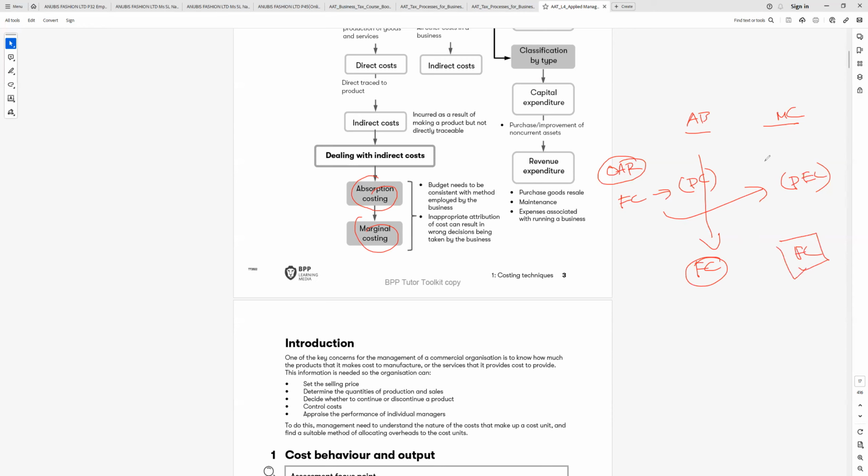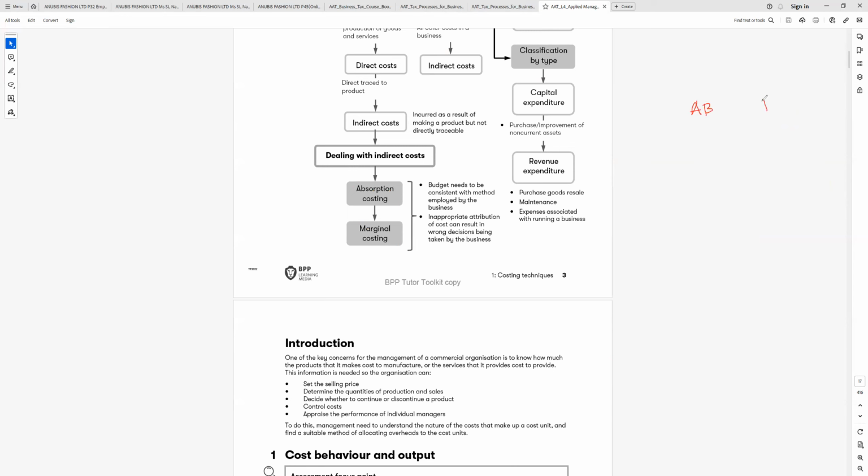So if we want to see a little bit in detail, for example, if we want to make a format, absorption costing and marginal costing. So first we look at how much is the sales. There is no problem for the sales. And after that, we minus the direct cost, or that is variable cost. Now, under absorption costing, we minus the variable cost and also the fixed cost, to find out how much is the profit.